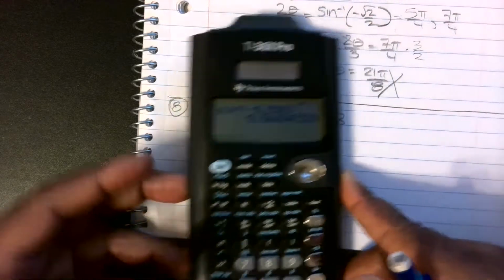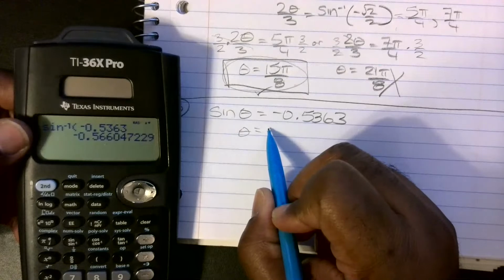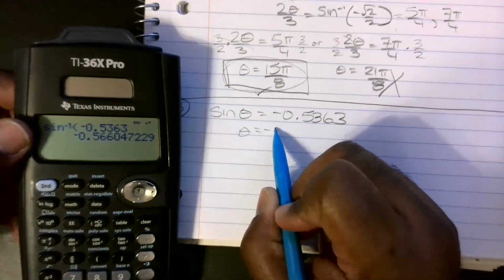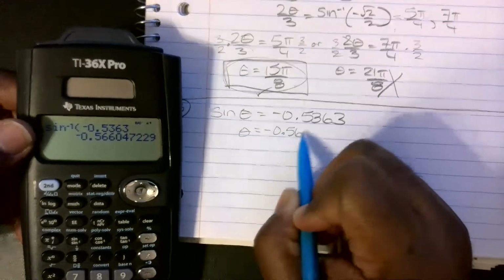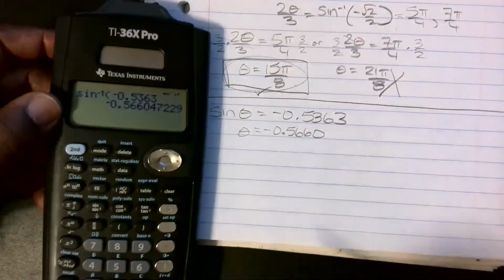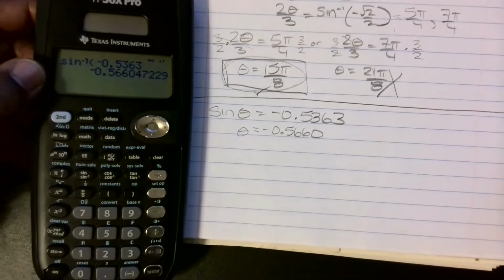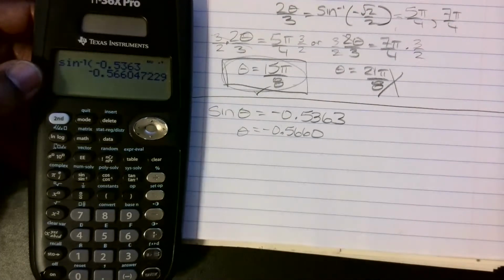Anywho, okay. So this number, I'm going to put theta is equal to negative 0.5660. I'll just leave that like that right now. There are two angles that satisfy this.